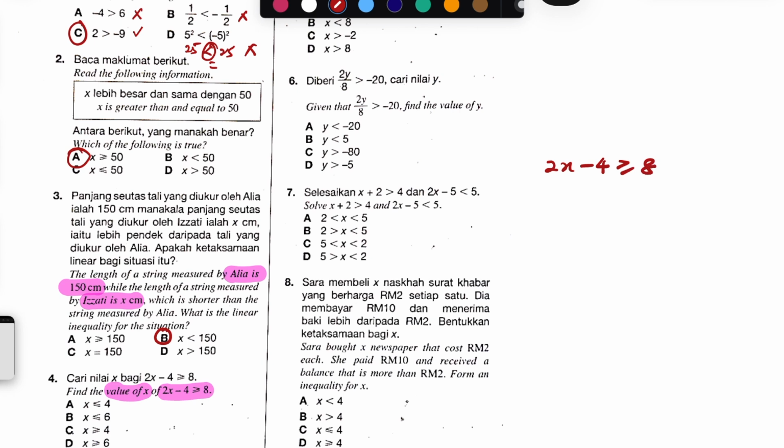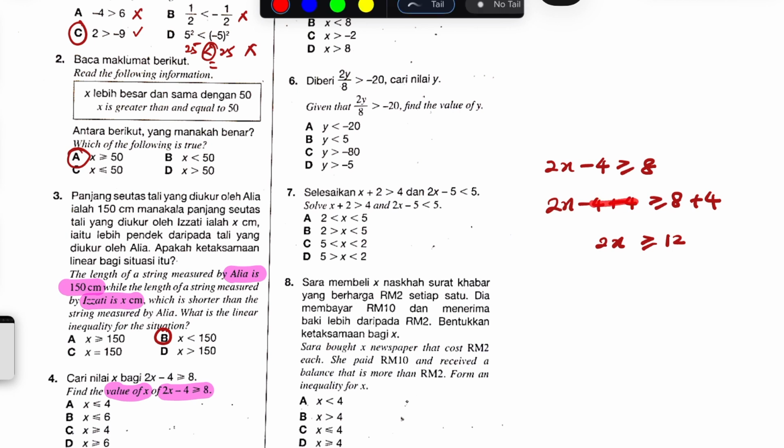To solve an inequality, you do it like solving a linear equation. So 2x minus 4 plus 4 greater than or equal to 8 plus 4. When you add 4, both sides must be plus 4. This is the equality concept. If you don't want to do it this way, you can just move it directly to the right side and it becomes plus 4, also can. So this becomes 2x greater than or equal to 12.